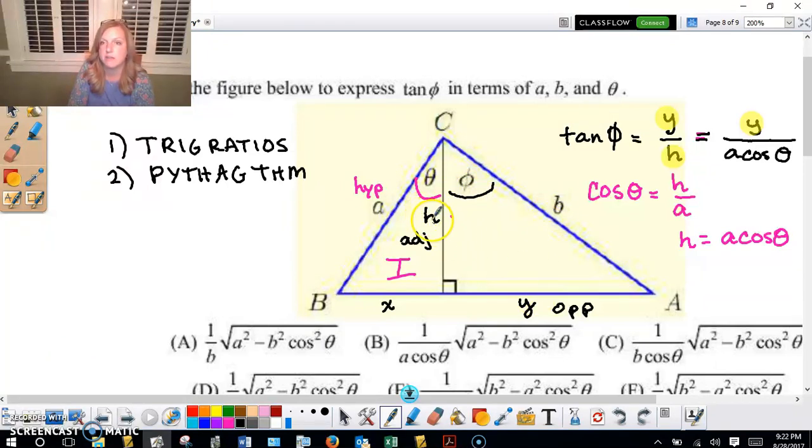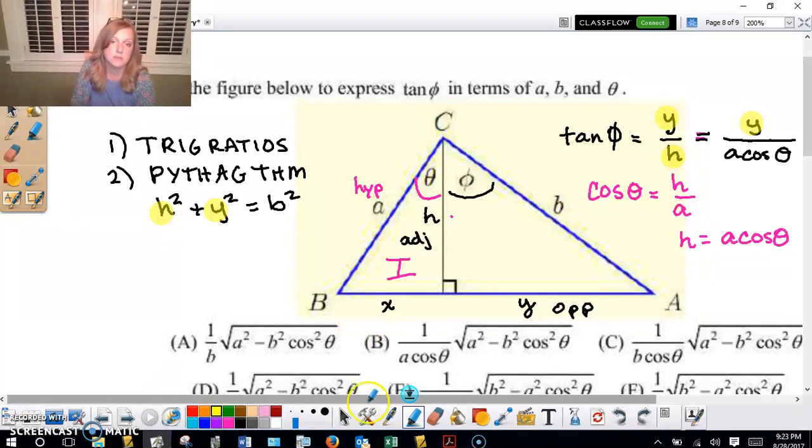From the Pythagorean theorem, I know that h squared plus y squared equals b squared. Now I still have a little bit of the same problem we had before: here's my h, which I need to get rid of, and here's my y, which is what I'm trying to solve for. B is okay. So I'm going to say, wait a minute, I know what h is. H is a cosine theta.